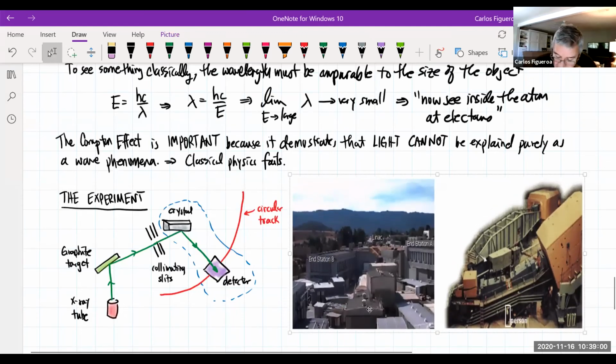So one of the things here, if you look at this building right in here at Stanford, this is called End Station A. And you can see that right here is the 2-mile Stanford Linear Accelerator. And then they have a switching yard, which would then send it into here.